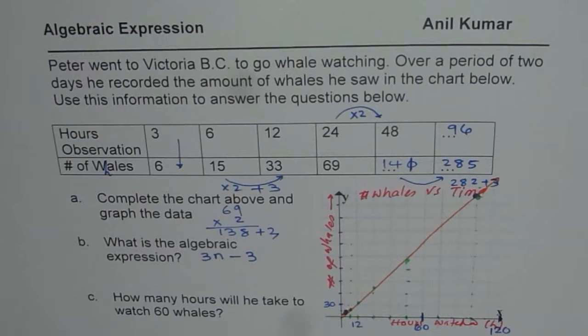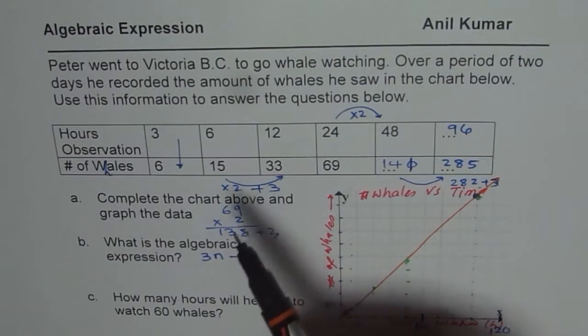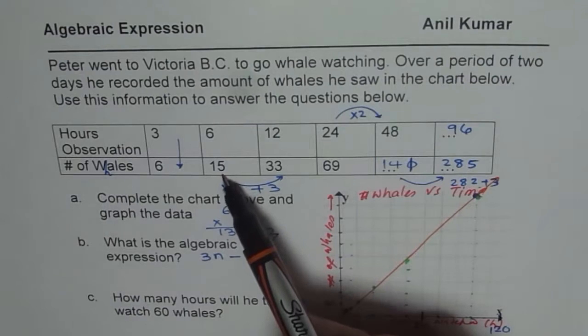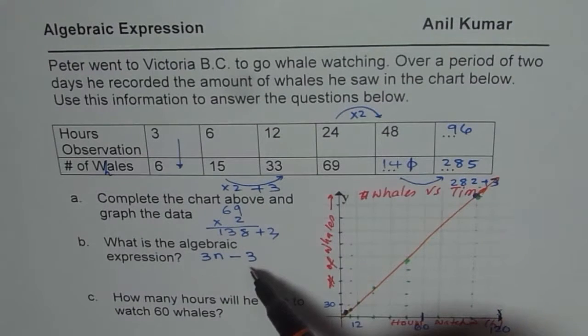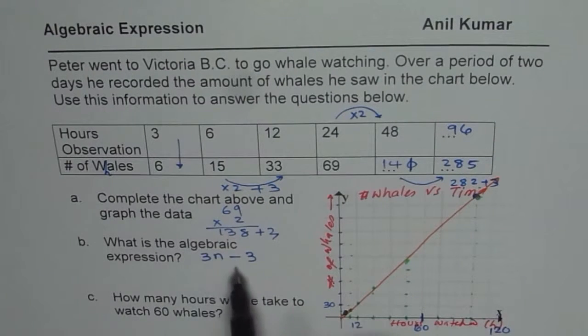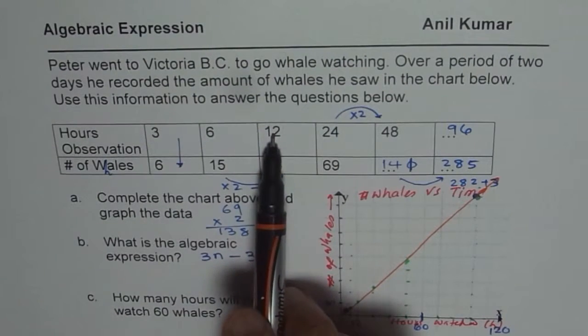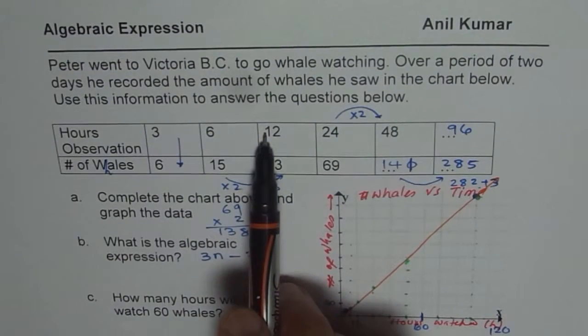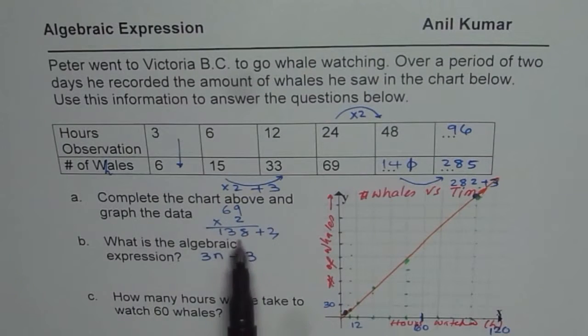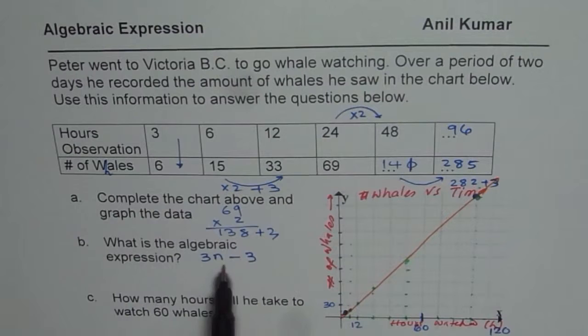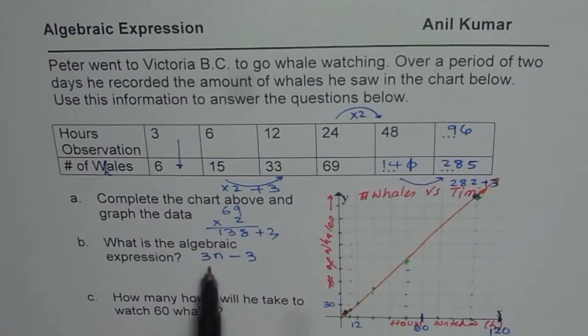So what we get here is 3 times the time, take away 3 gives us the answer, right? It was important to do something like this since the variation in time is not constant. It is not increasing by 3 each time, so we are not able to do it the standard way. Anyway, it is a very good thinking question.